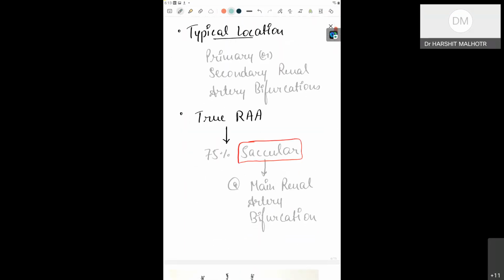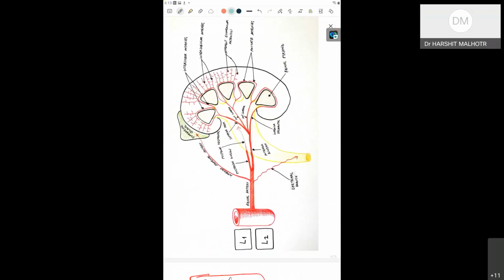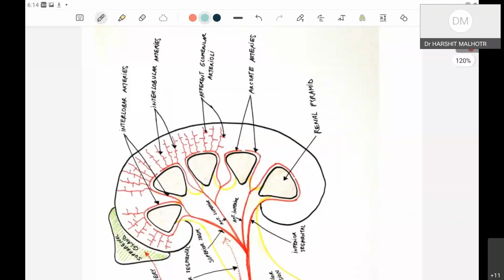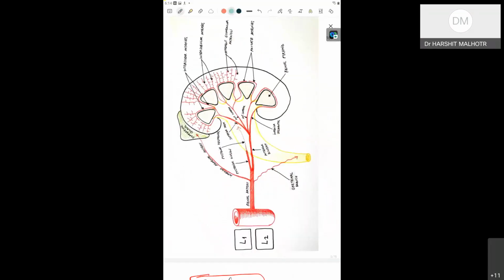Now going to the typical location, but before that, I would like to share with you the anatomy of the renal artery. So the main renal artery arises from the aorta at the level of L1 and L2. Initially, it gets divided into two divisions, the anterior division and the posterior division.